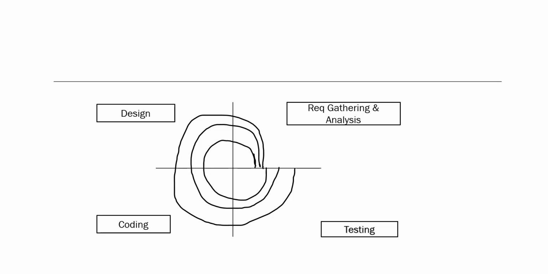If we discuss the disadvantages of the spiral model, it is a high cost model and very expensive, so it is not at all possible for smaller projects. It suits medium and bigger projects.